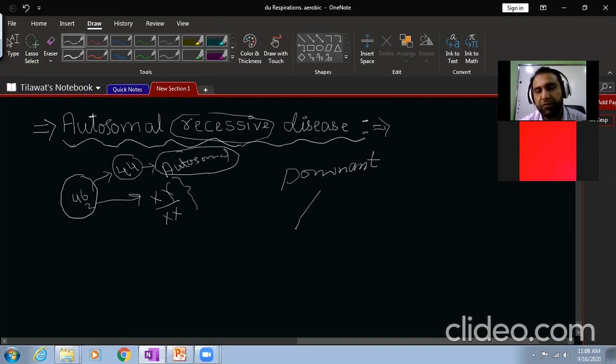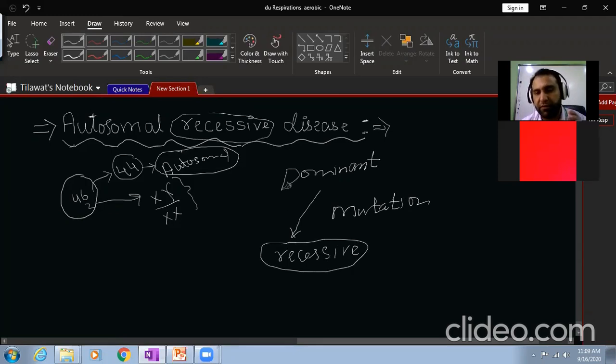But because of mutation, when that allele converts into recessive form, we call that autosomal recessive disease, because the actual allele was in dominant form, but now it has converted into recessive form, and because of that we have a disorder, a disease. That's why I use the term autosomal recessive disease here.